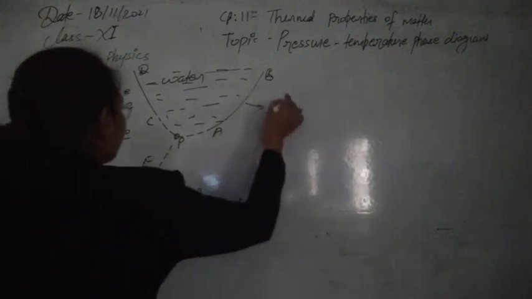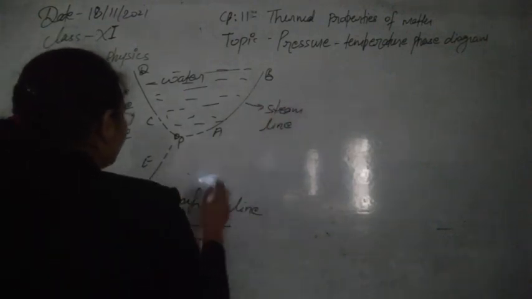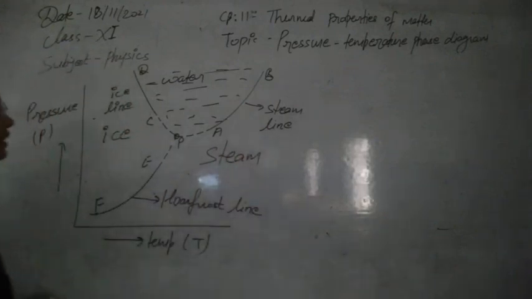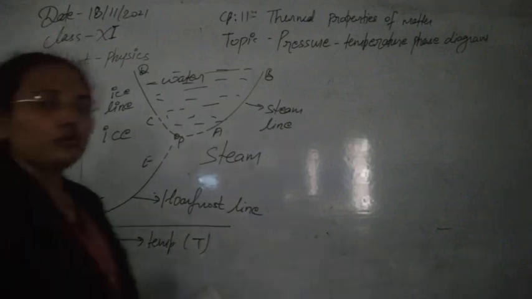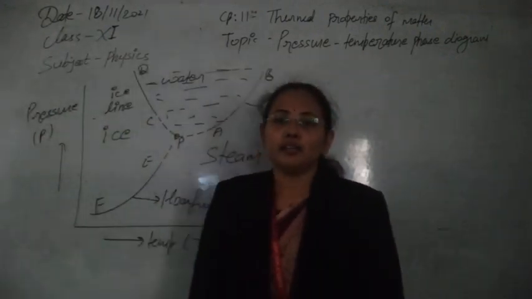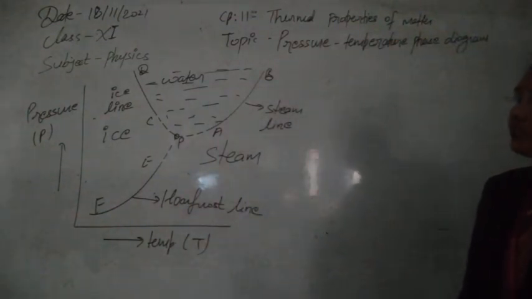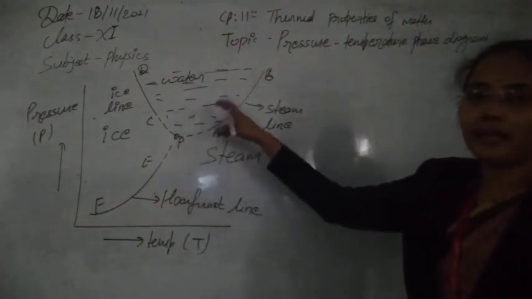Where the steam line and hoarfrost line work, the water is in steam form. So on two dimensions we can plot the graph for three phases at a single time with the help of the pressure-temperature diagram.